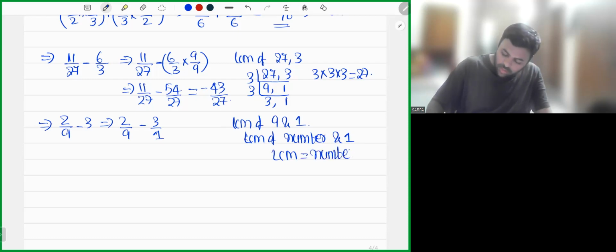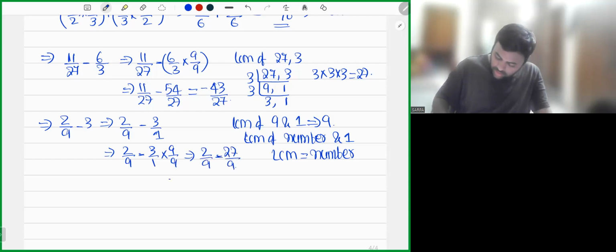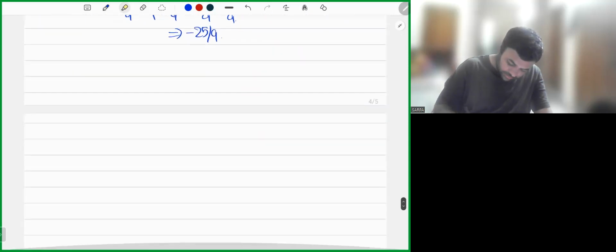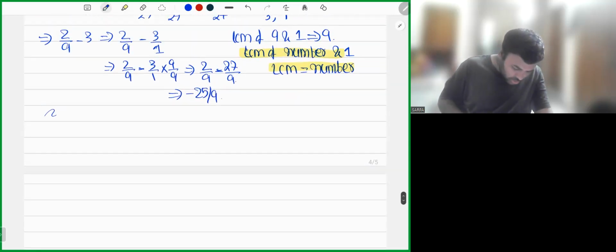So the LCM is 9. So 2 by 9 minus 3 by 1 into 9 by 9. So 2 by 9 minus 27 by 9. That is equal to minus 25 by 9. Remember this rule. If you are having the LCM of a number and 1, the LCM will always be equal to the respective number itself.